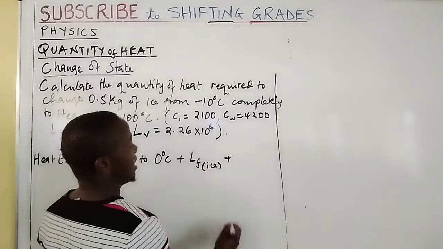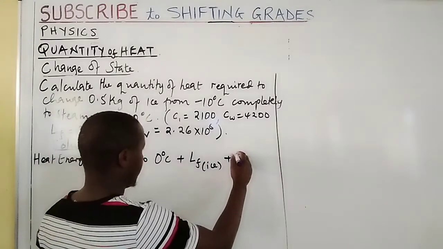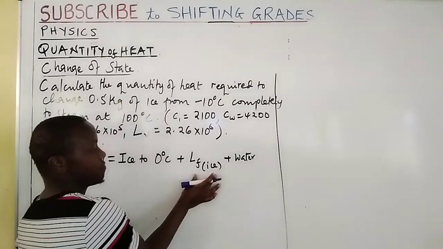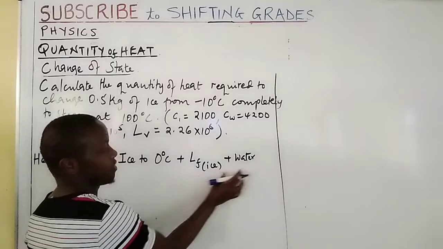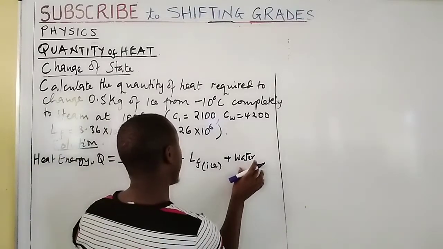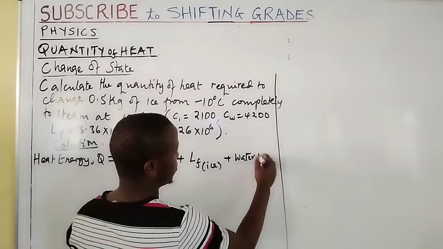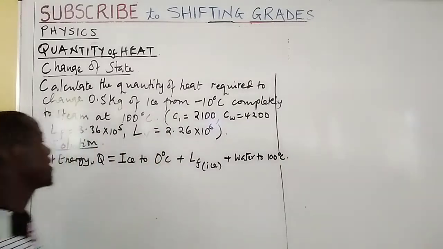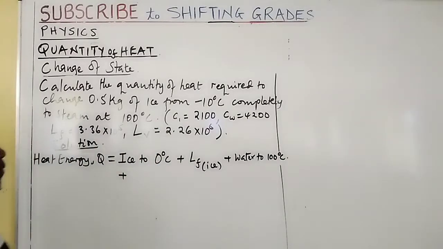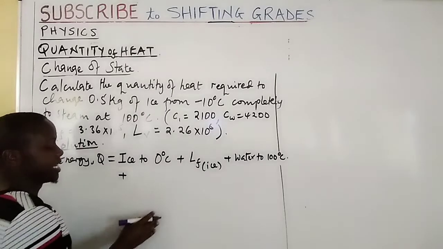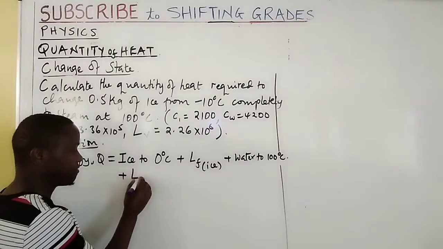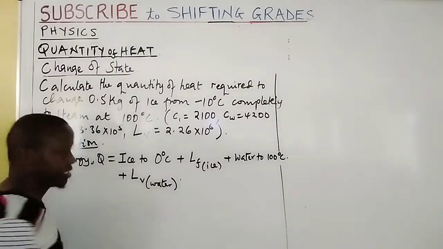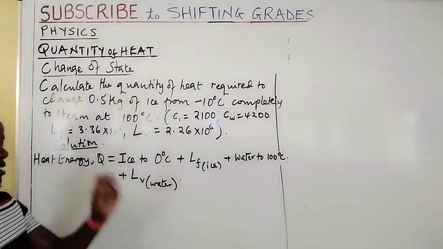After melting to water, the water will gain heat until it is raised to 100 degrees Celsius. Then, at 100 degrees, it vaporizes, and we require the latent heat of vaporization of water until it turns to steam, still at 100 degrees Celsius.